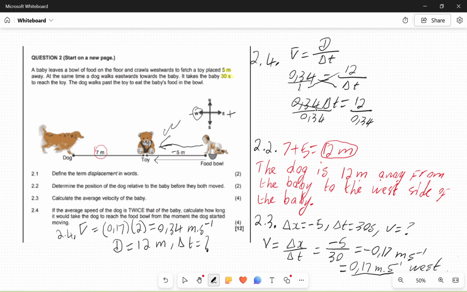These will cancel, therefore our delta t will be equal to 12 divided by 0.34, and our time will be 35.29 seconds.